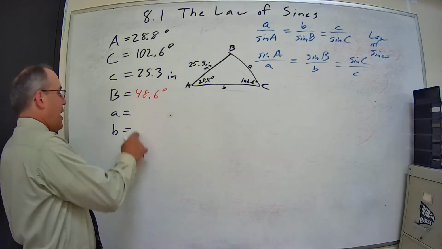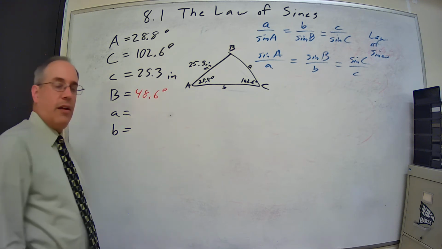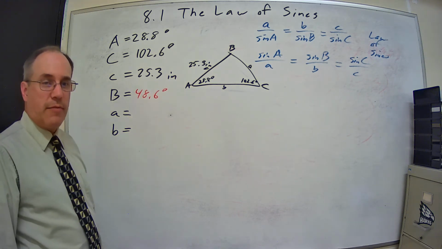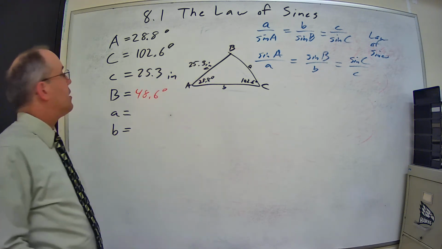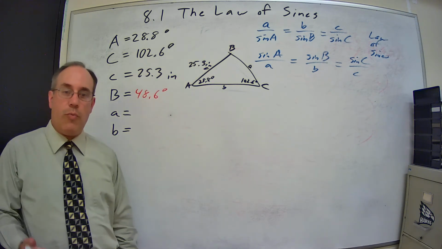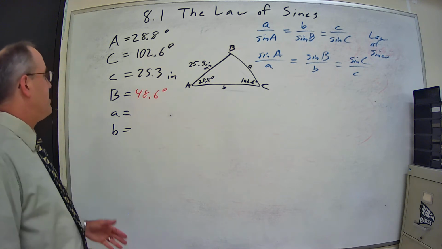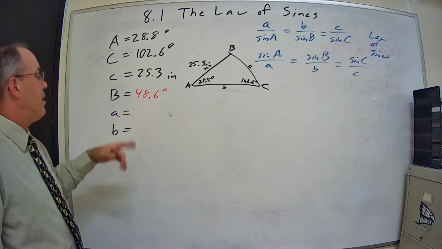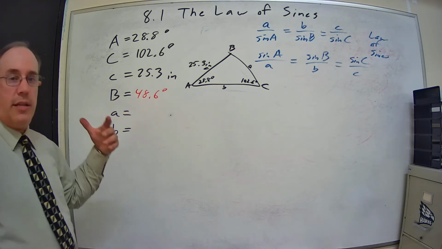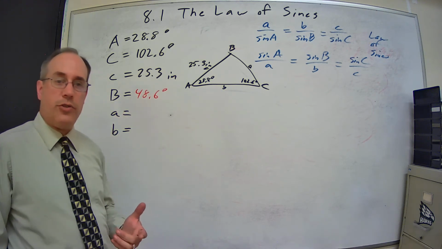Now we need to find the length of these two sides. And that can be found by using the law of sines. Now I am going to give you a piece of information. It's not critical here, but it could be critical in other situations.